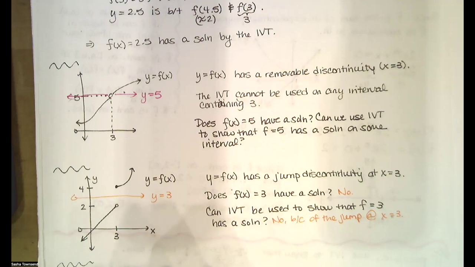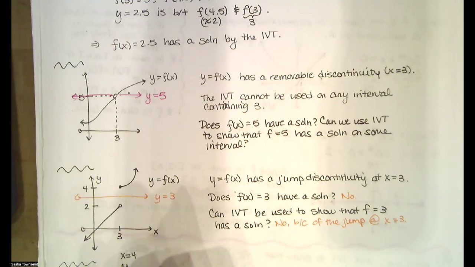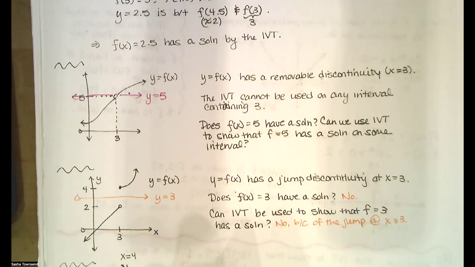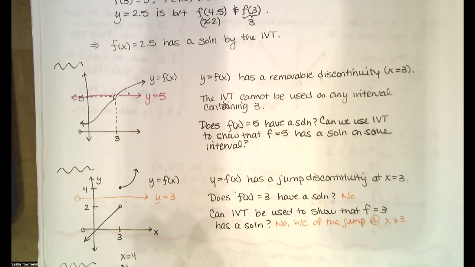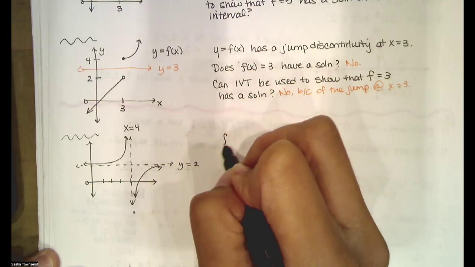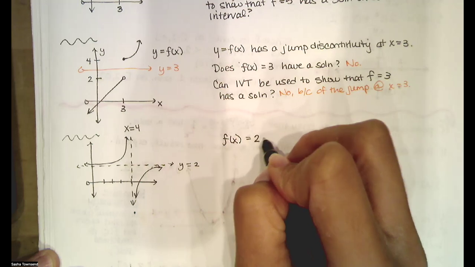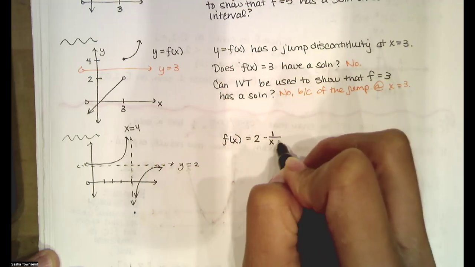Now here's another example. In this example, we've got f of x equals, let's say, 2 minus 1 over x minus 4.